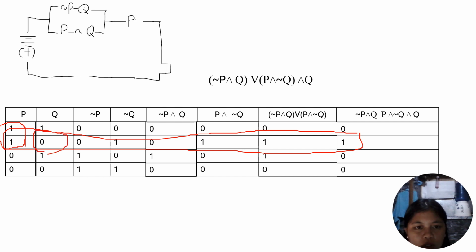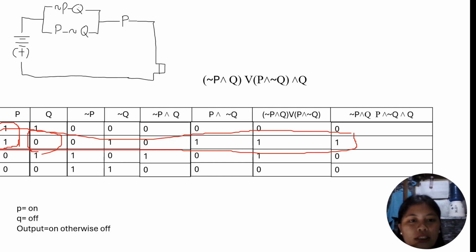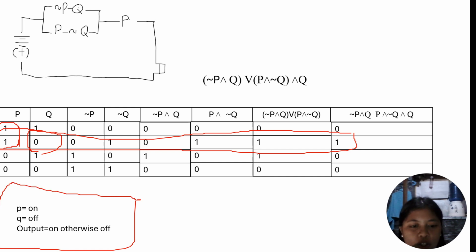So the conclusion is P is on and Q is off, so the output is on, otherwise off.